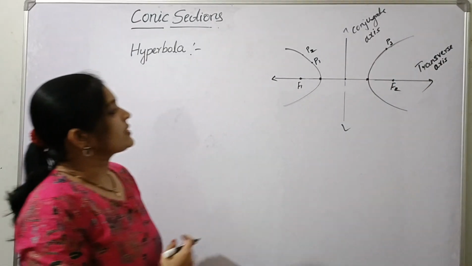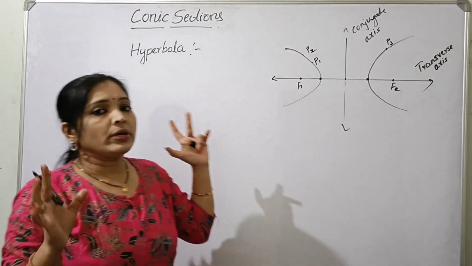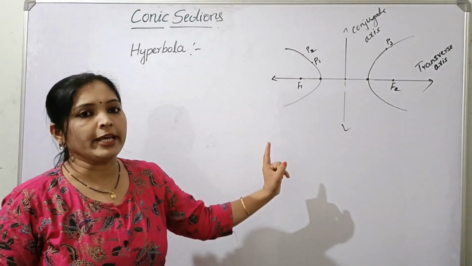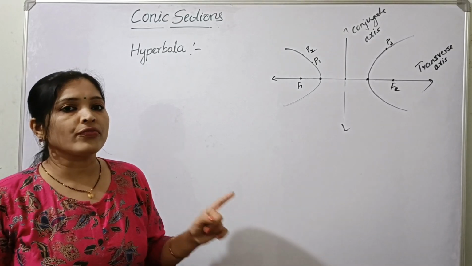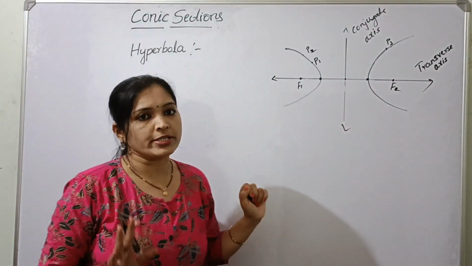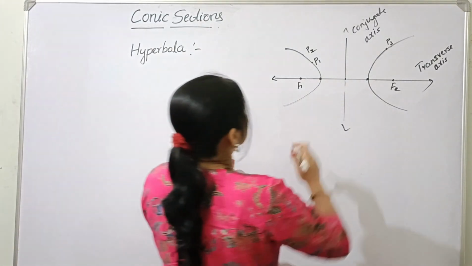The definition says the hyperbola is the set of all points in the plane, the difference of whose distances from the two fixed points is a constant.